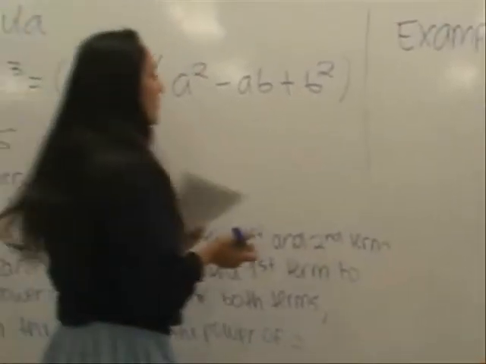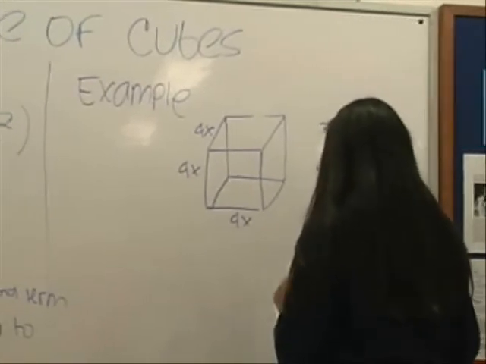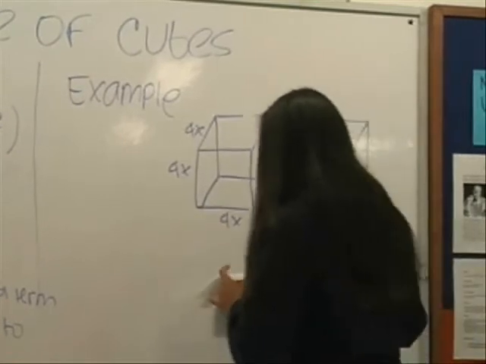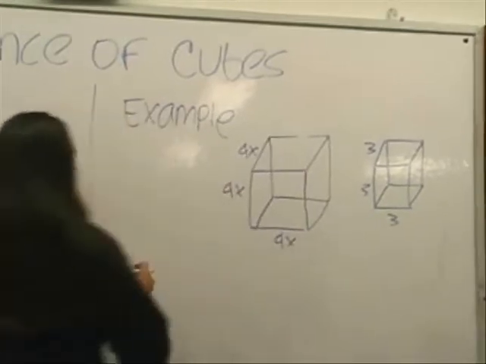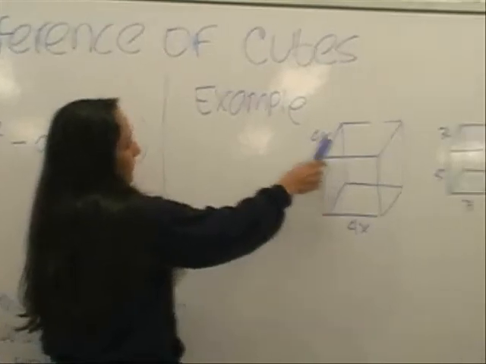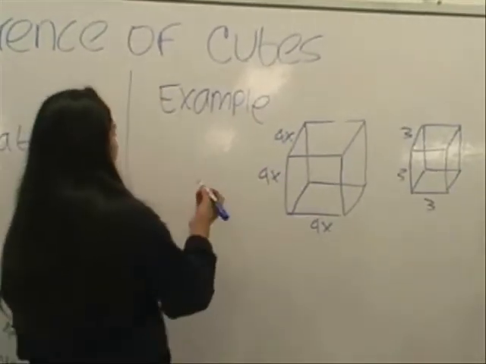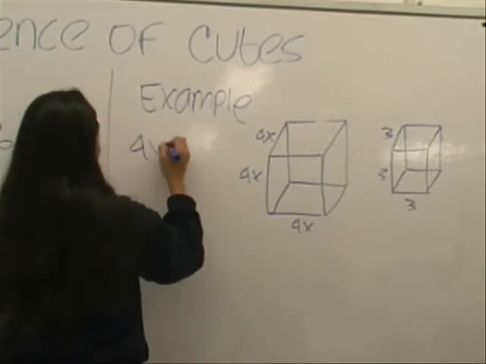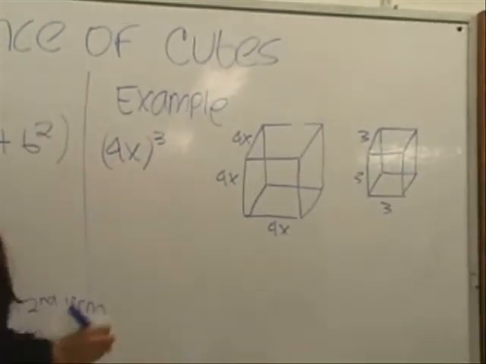So I am going to do an example. Okay, so if you multiply 4x times 4x times 4x, this can be represented like this: 4x cubed.